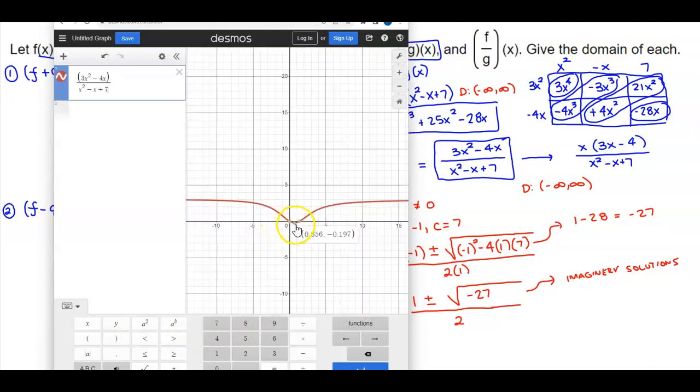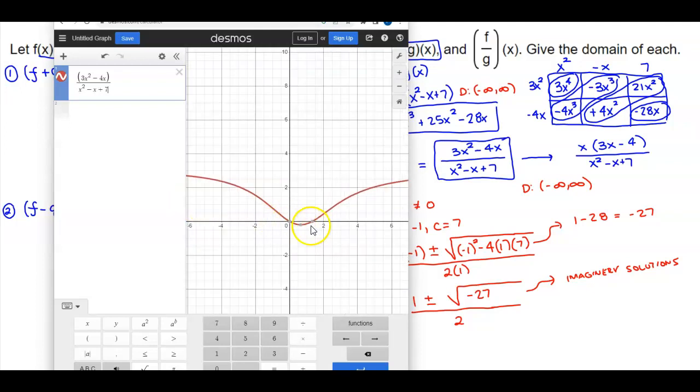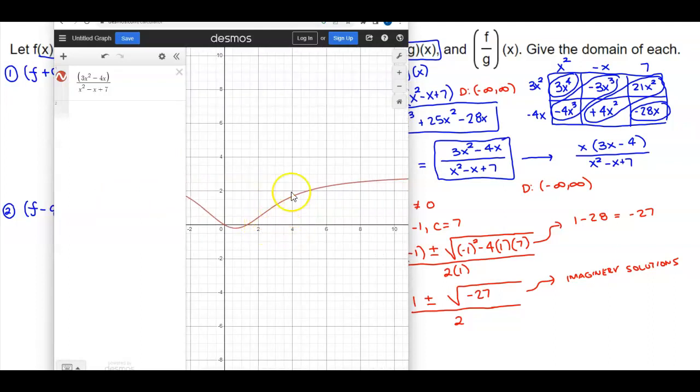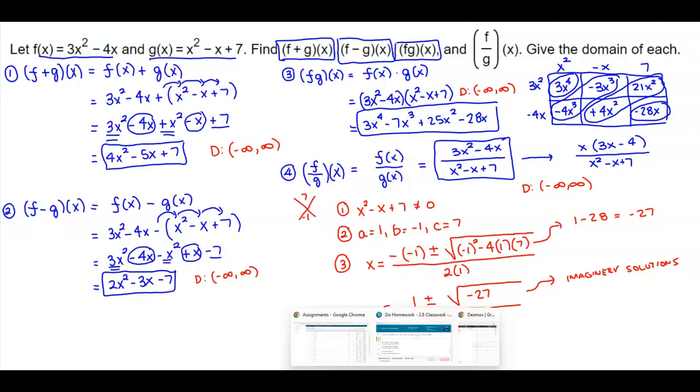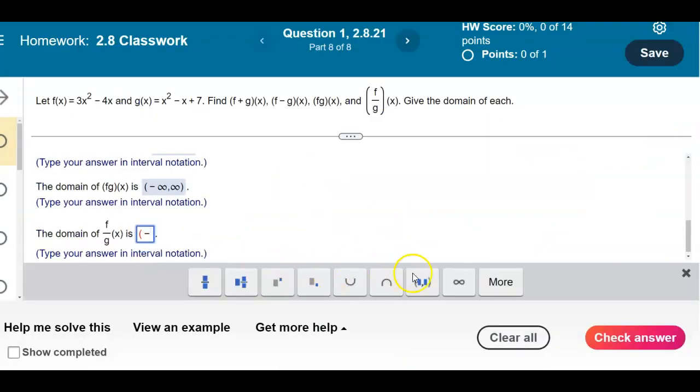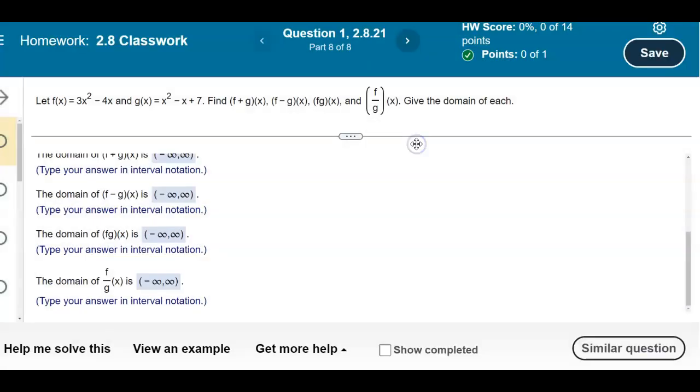So if you take a look at this graph, there's no gaps. There's nothing that makes this undefined. So you can see here that there's always going to be an x value that corresponds to that graph. Therefore, the domain is all real numbers. So let's go ahead and put that in here. So we have negative infinity to positive infinity. Check our answer, and then there is our result.